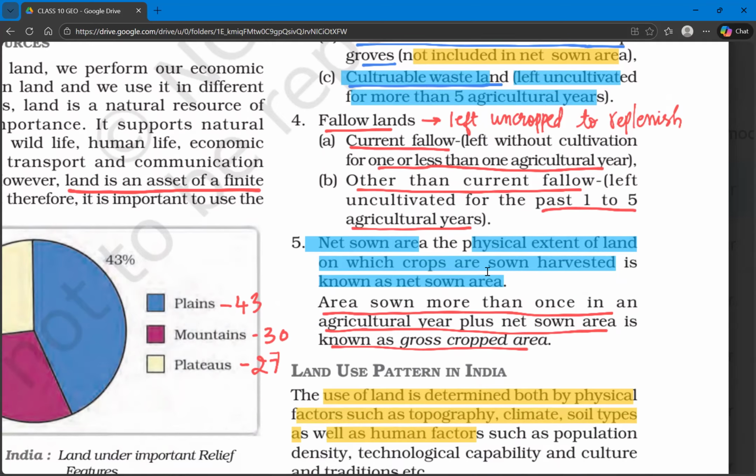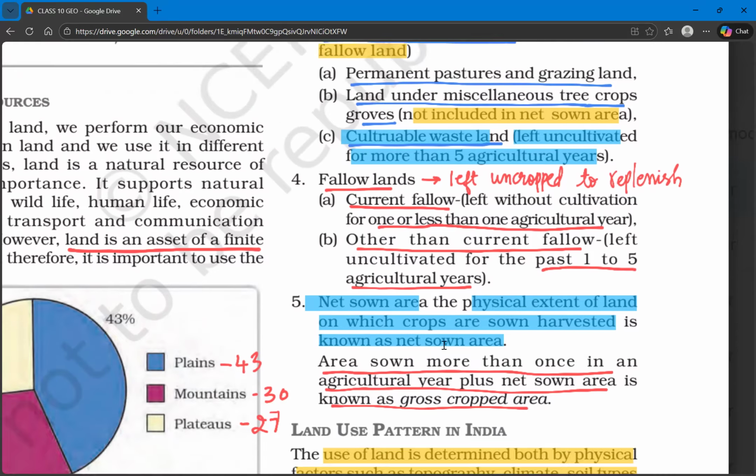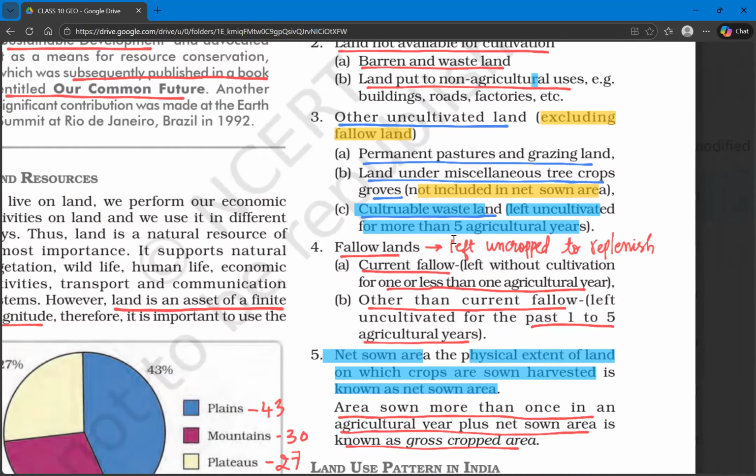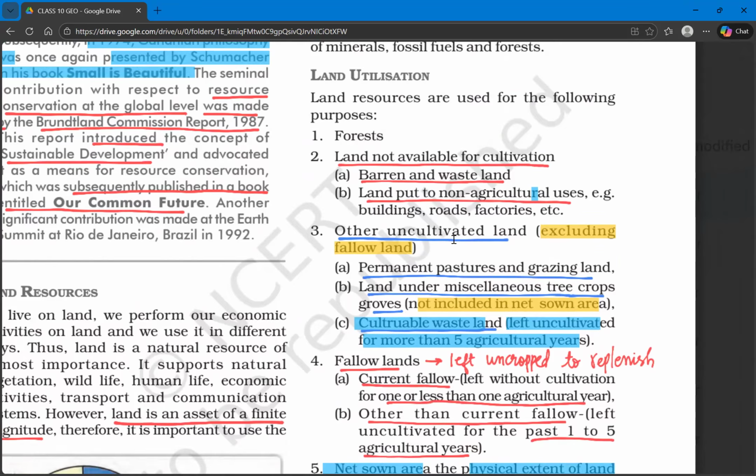But in an agricultural year, if crops are sown more than once on that land, that will also be added to get gross cropped area. So that is called gross cropped area. Area sown more than once in an agricultural year plus net sown area is known as gross cropped area. So these are the land utilization categories for different purposes.